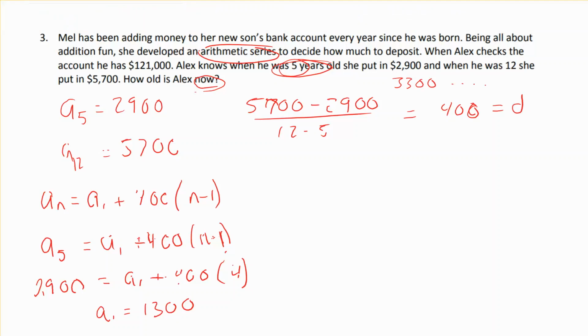Now that I know what A1 is, I can solve my equation for n. 121,000 equals n times, my arithmetic series sum, the first term plus the last term.